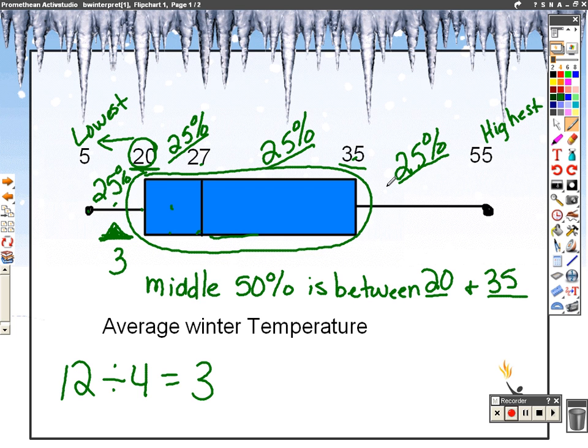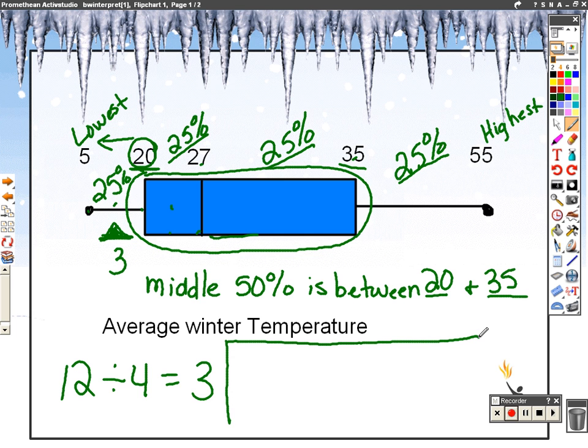That's different ways that you can read and interpret a box and whiskers. You have to know where the data is, what percent of the data, how many of the scores are represented in that. And now I'm going to talk about something else that they sometimes ask you to do. Sometimes they ask you to estimate the mean, and there are 2 ways to do it.